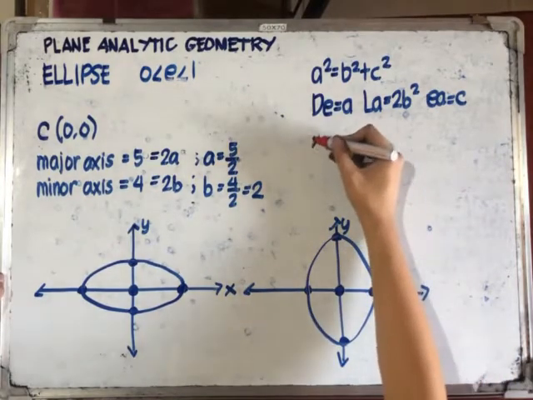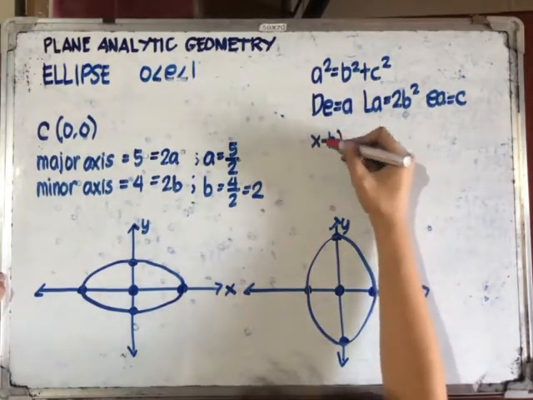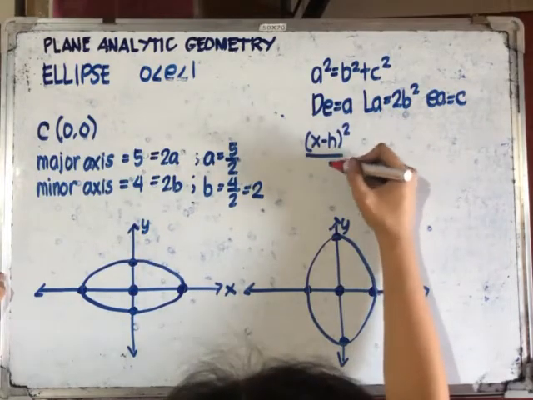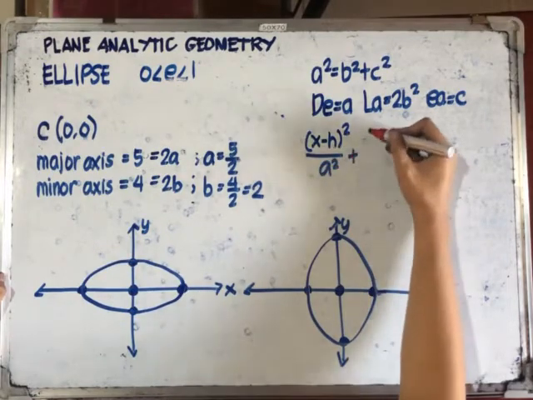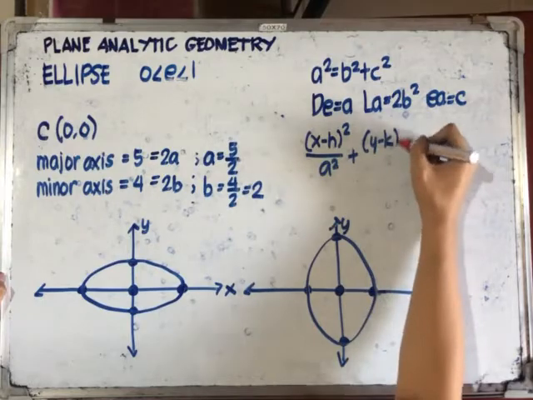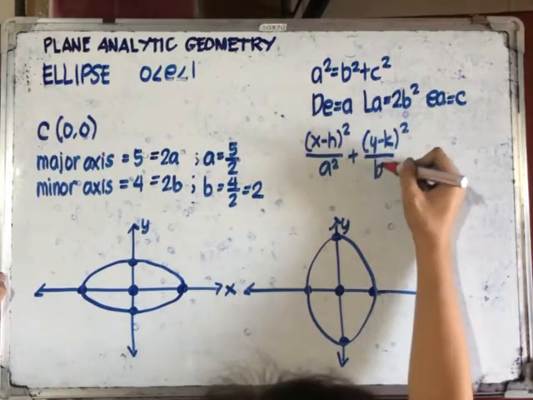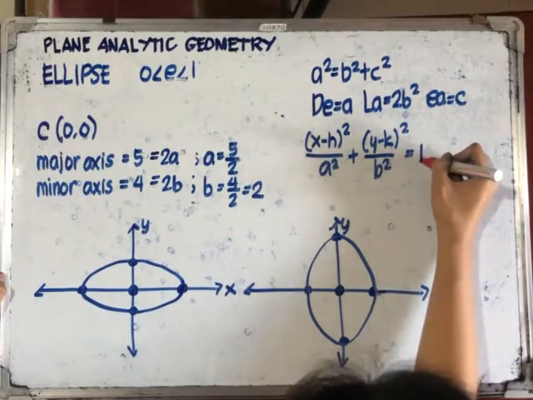Standard form natin ulit is x minus h squared over a squared plus y minus k squared over b squared is equal to 1.